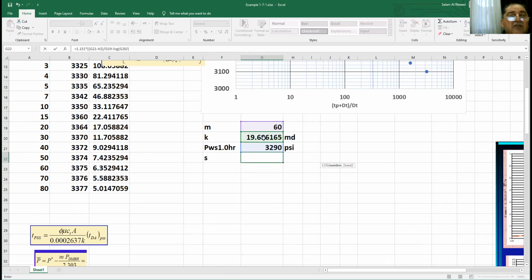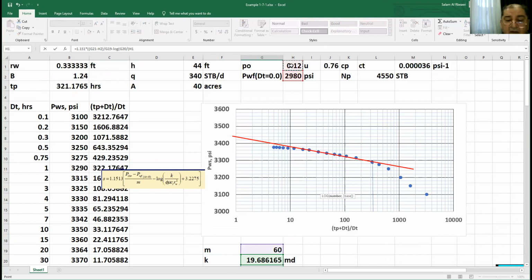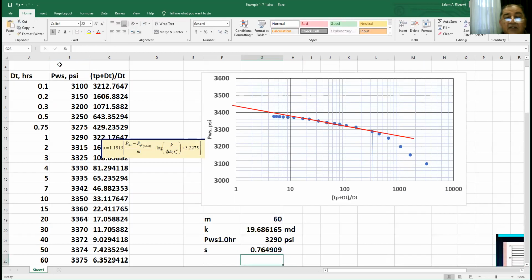Phi mu CT RW squared, close, plus 3.23, and close the big parenthesis, and this is your skin factor.